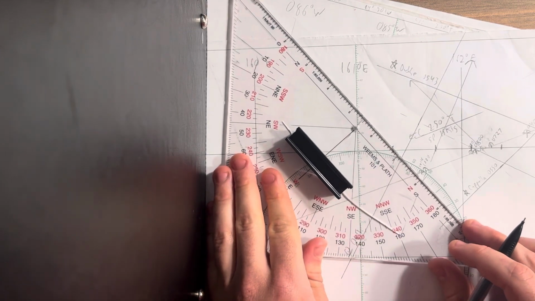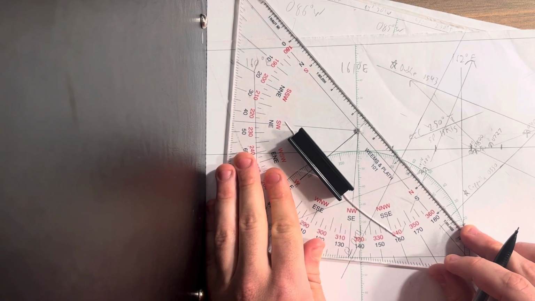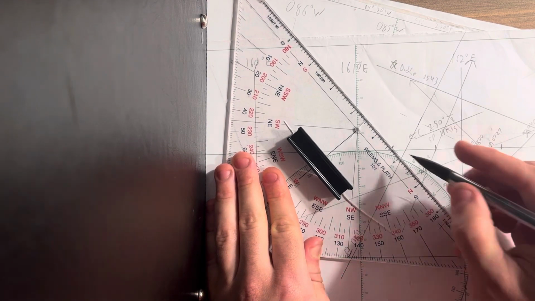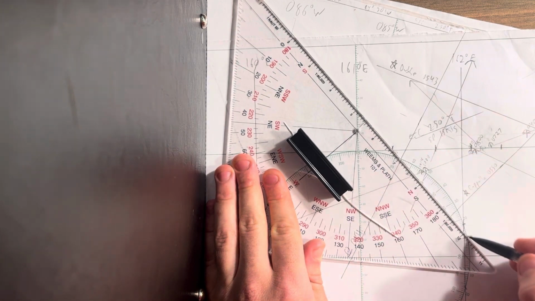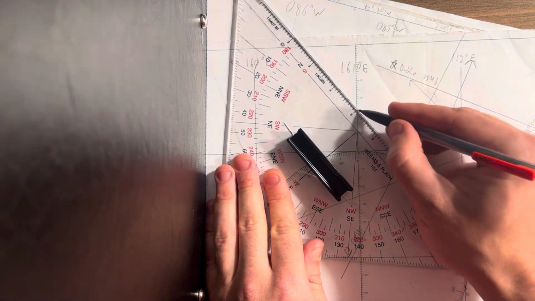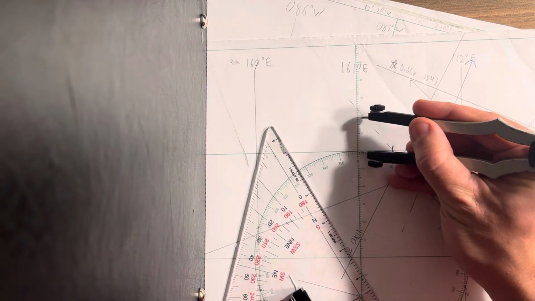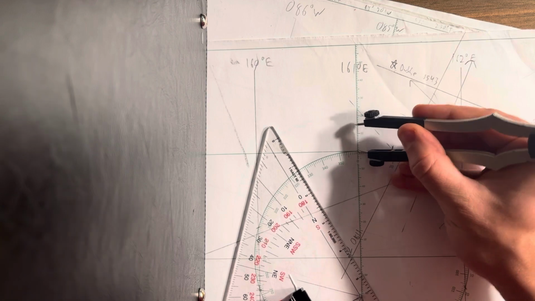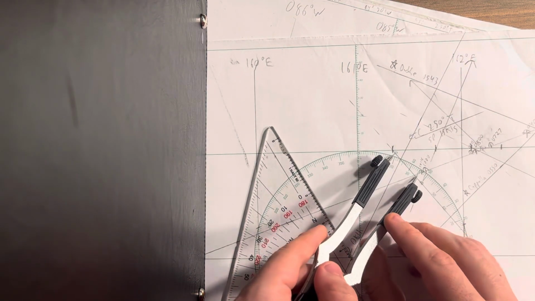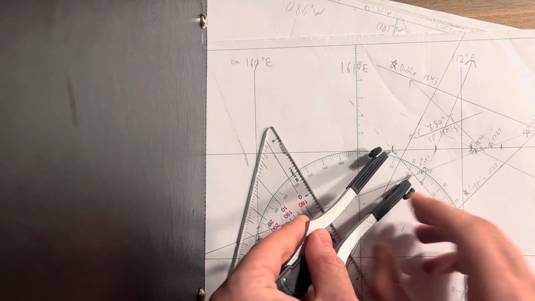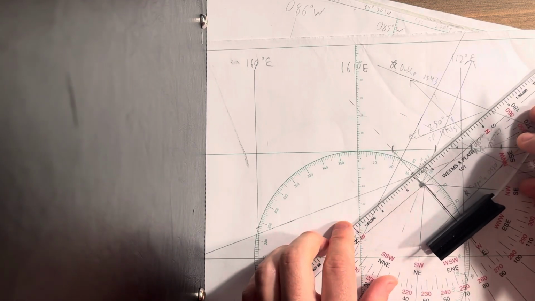Bring it up to here. 141, almost. There's our towards, there's our away. And we're going to measure a distance of 16.8, so nearly 17. Wow. There's our intercept. And we're going to draw our perpendicular line.